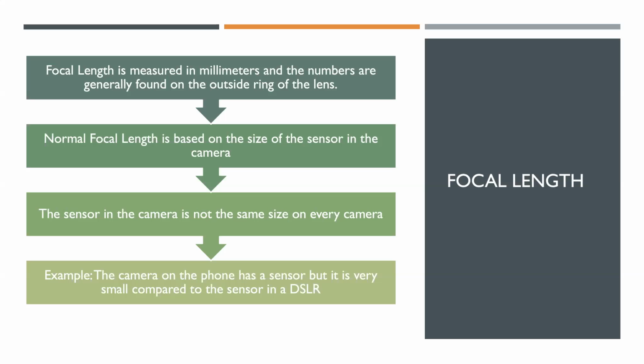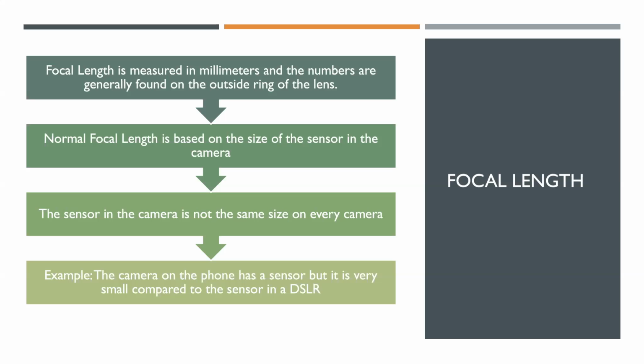The film is actually 6 centimeters by 7 centimeters on a medium format, or 4 inches by 5 inches on a large 4x5 camera. If you relate that to the size of the sensor, on a 4x5 digital camera the sensor would also have to be 4 by 5 inches. So it's much, much bigger. So the normal focal length on a sensor that is larger is a much higher number.